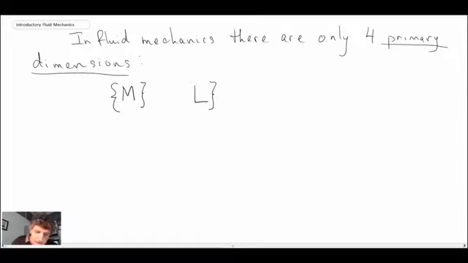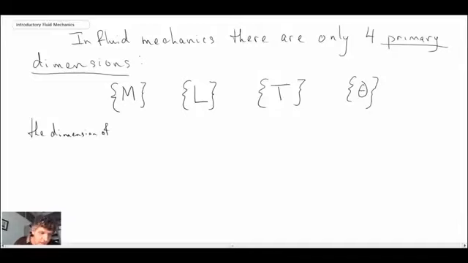Capital M, by the way, is for mass. L is for length. T denotes time. And the last one that we will use is theta, and that will denote temperature. So we have mass, we have length, we have time, and temperature.